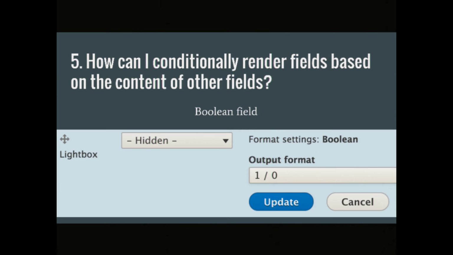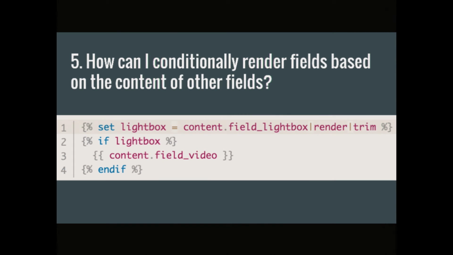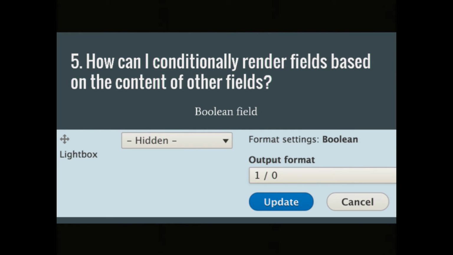Why do we use in this setting 1 or 0? Because the default is going to use text. For example, when you configure a Boolean field, you say true value and false value, and you can add text. So you can say true value, please show the lightbox. False value, please don't show the lightbox.